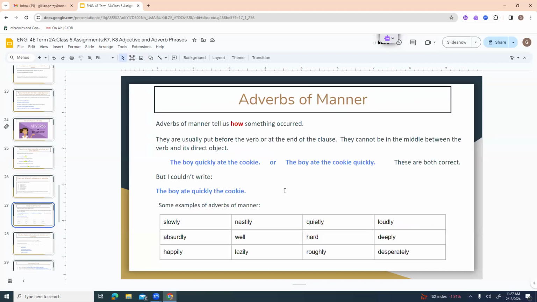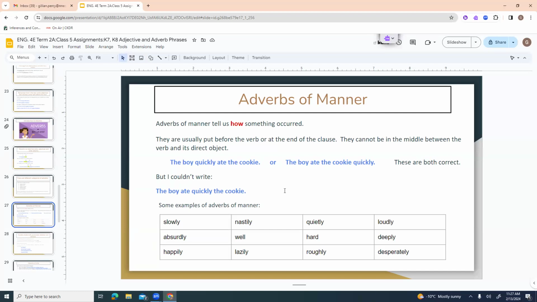So adverbs of manner tell us how something occurred. This is kind of the typical adverb that we all think of when we're thinking about adverbs, right? They're usually put before the verb or sometimes at the end of the clause. They cannot be in the middle between the verb and its direct object. So I can say the boy quickly ate the cookie, or the boy ate the cookie quickly, but I couldn't write the boy ate quickly the cookie.